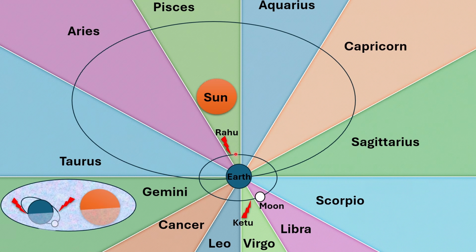So this intersection point is actually the energy of the Sun balancing out Earth's energy. I'm going to use the word energy because perhaps it's easier to understand. And this balancing out effect is at these two points of Rahu and Ketu where this intersection is.